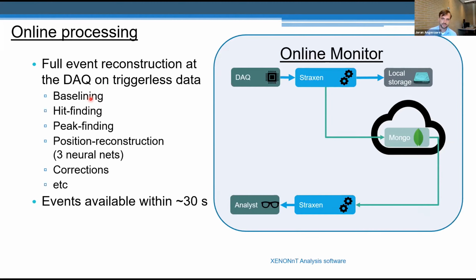And this comprises doing the baselining, finding the hits, doing the peak finding, and actually this peak finding you might call a trigger, as before that we don't actually have a trigger other than the self-trigger of the digitizers. Also, we do position reconstruction using neural nets using TensorFlow. We apply corrections. Everything is happening as fast as the data is actually coming in.